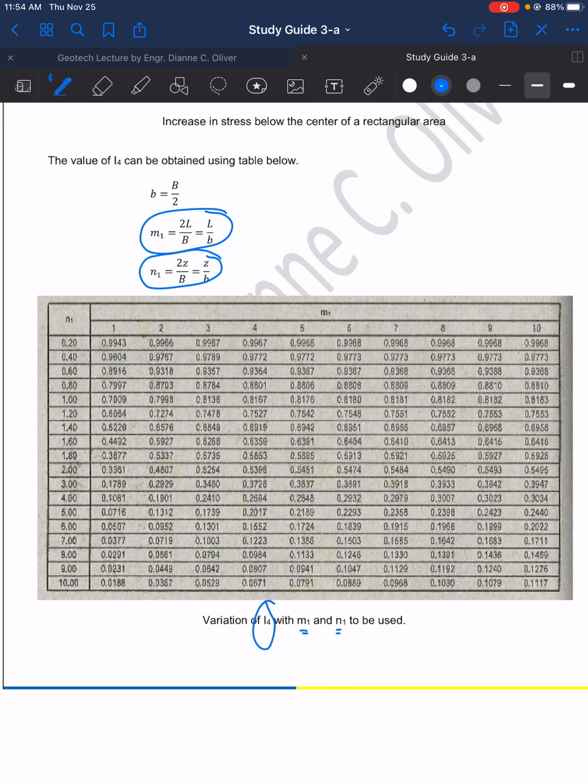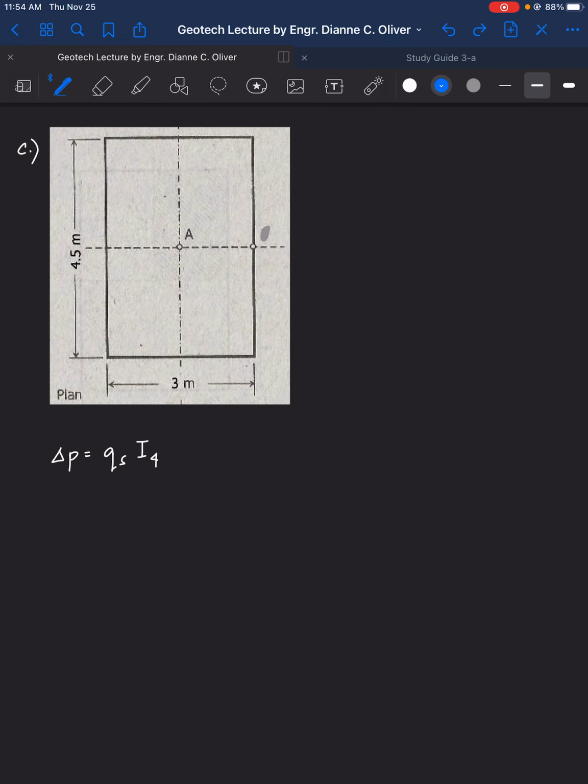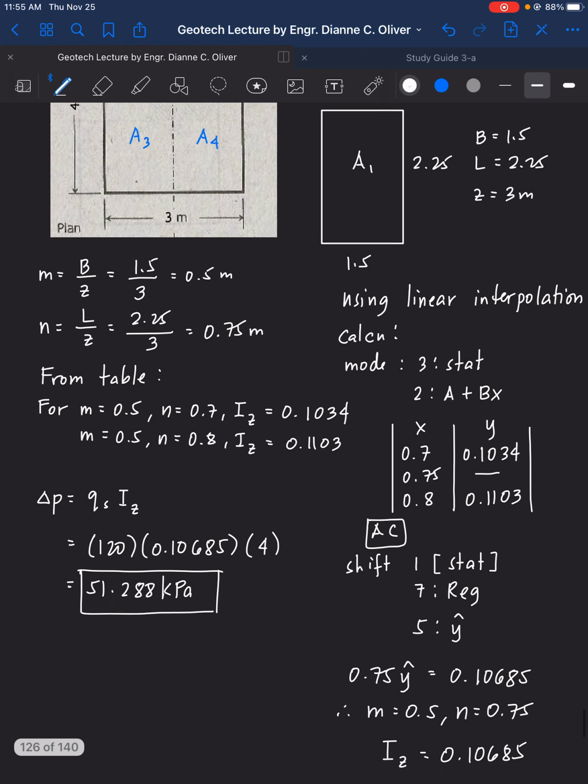Okay? So here, our B is 3 meters, L is 4.5 meters, Z is, again, what's the Z? The Z here is 3 meters.